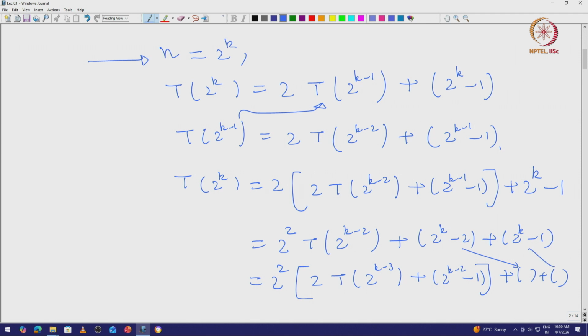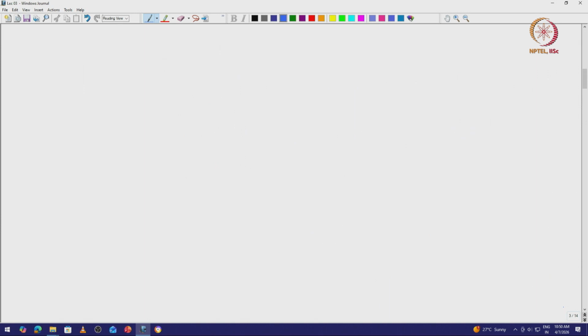This term is here and this term is here. And this is given by 2 power 3 T of 2 power k minus 3 plus 2 square. This is 2 power k minus 2 square plus 2 power k minus 2 plus 2 power k minus 1. So, after going through k steps, you get T of 2 power k.